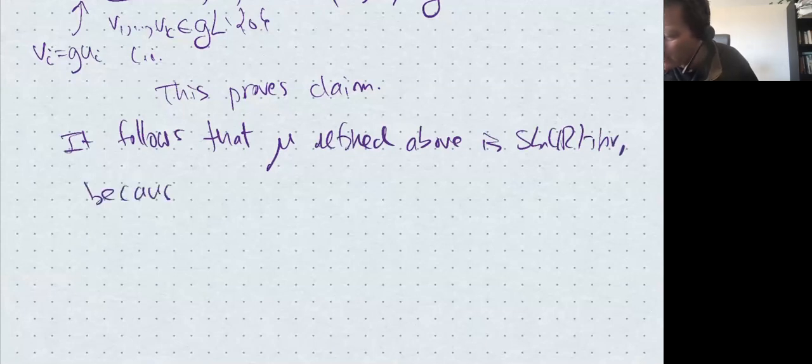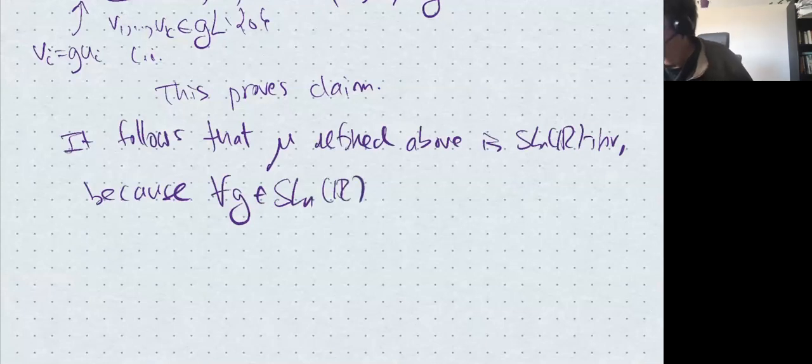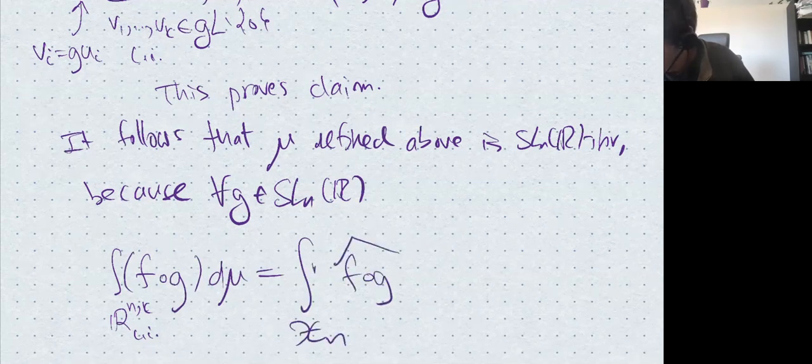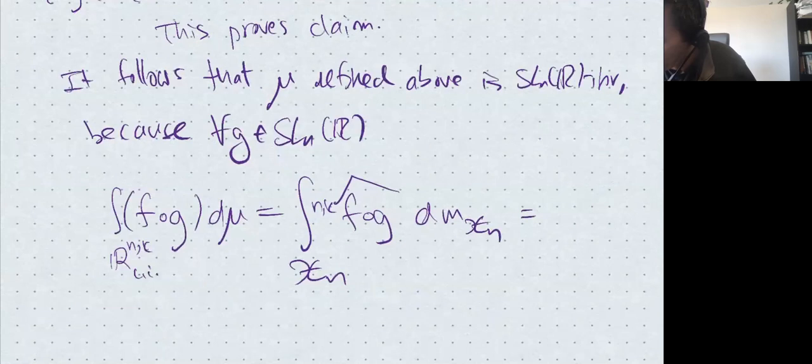because for any G in SLNR, the integral is just, by definition of mu, defined by this transform. So this is this. This is the definition.